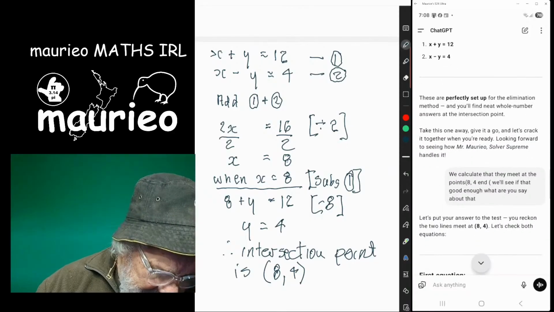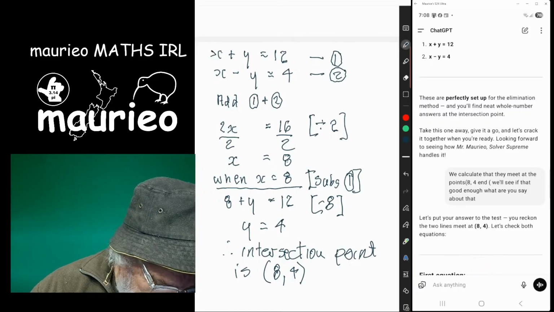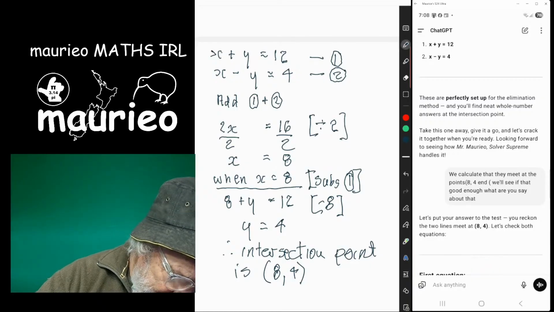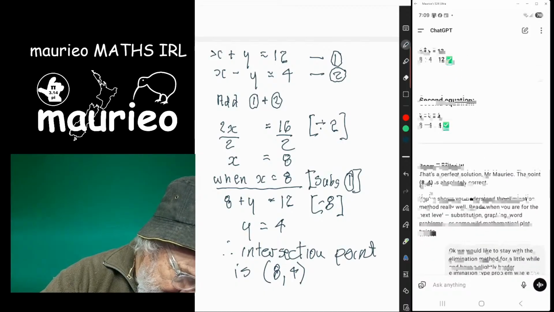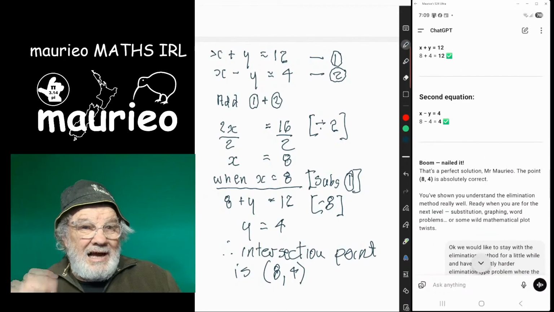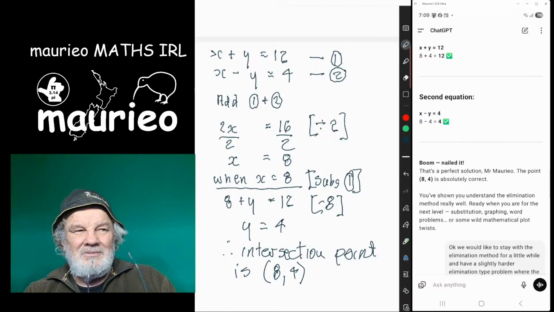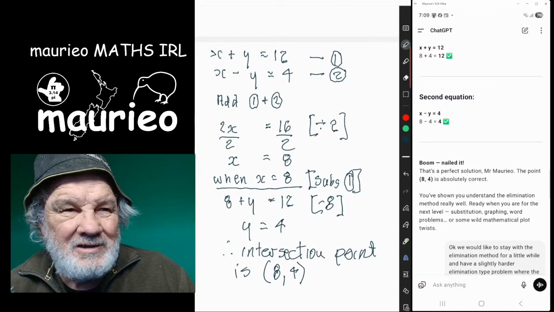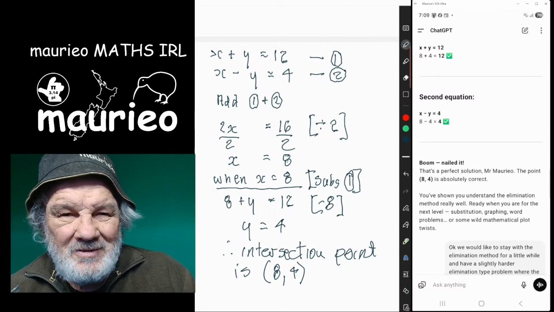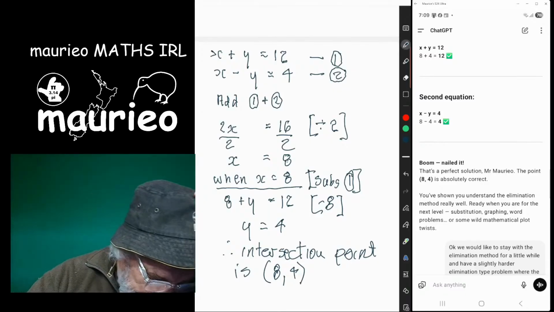And then I said we calculate that they meet at the point 8, 4, and we'll see if that's good enough. And so we put that, and they've checked it, and that's the perfect solution. As I say, I did this last night, but I wasn't recording or streaming, so we're a bit unfortunate. So yeah, that's where we got.